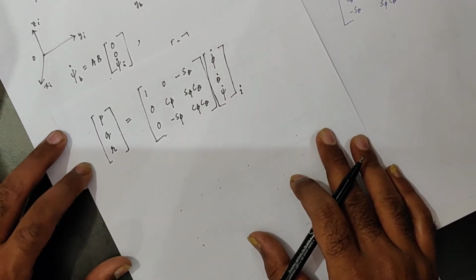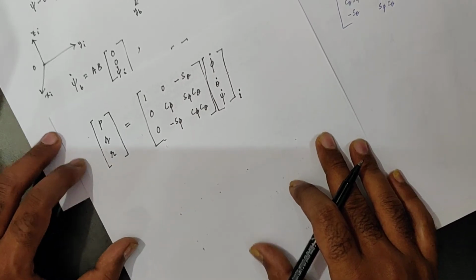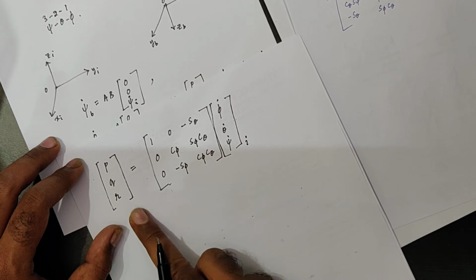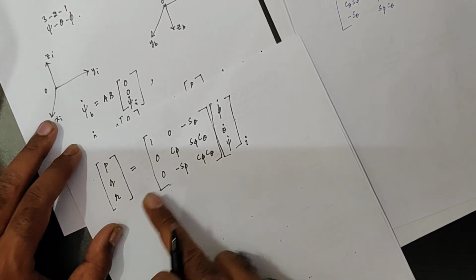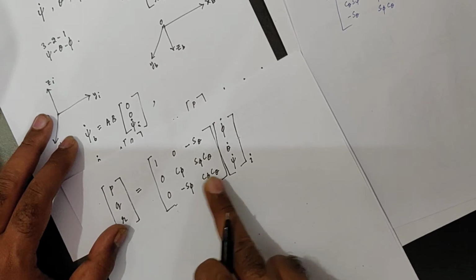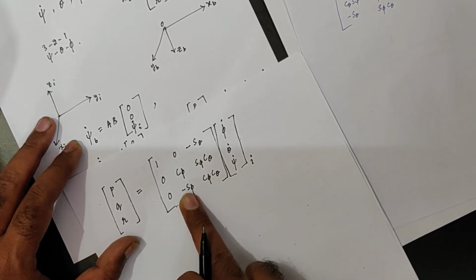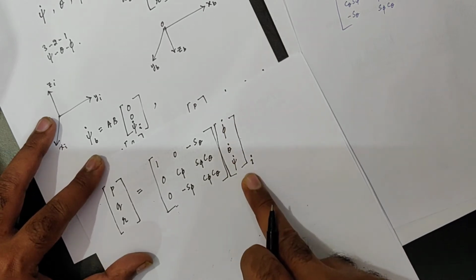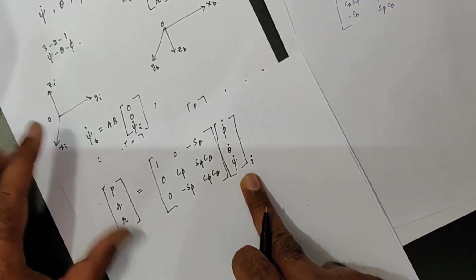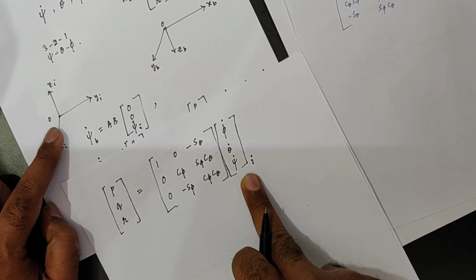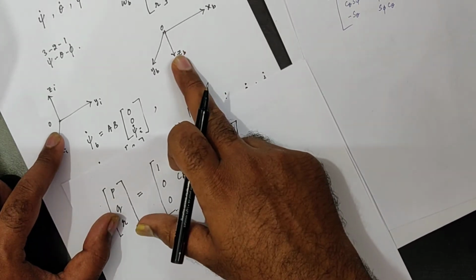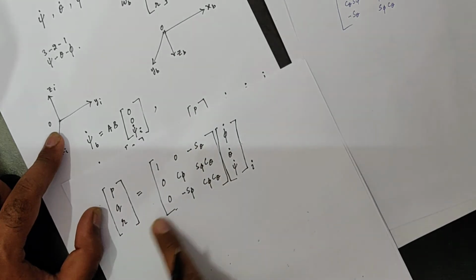Our goal is to obtain the angular velocities, or more accurately speaking, the Euler angle rates. We want to find these Euler angle rates in the inertial frame of reference in terms of the body rates, not the other way around.